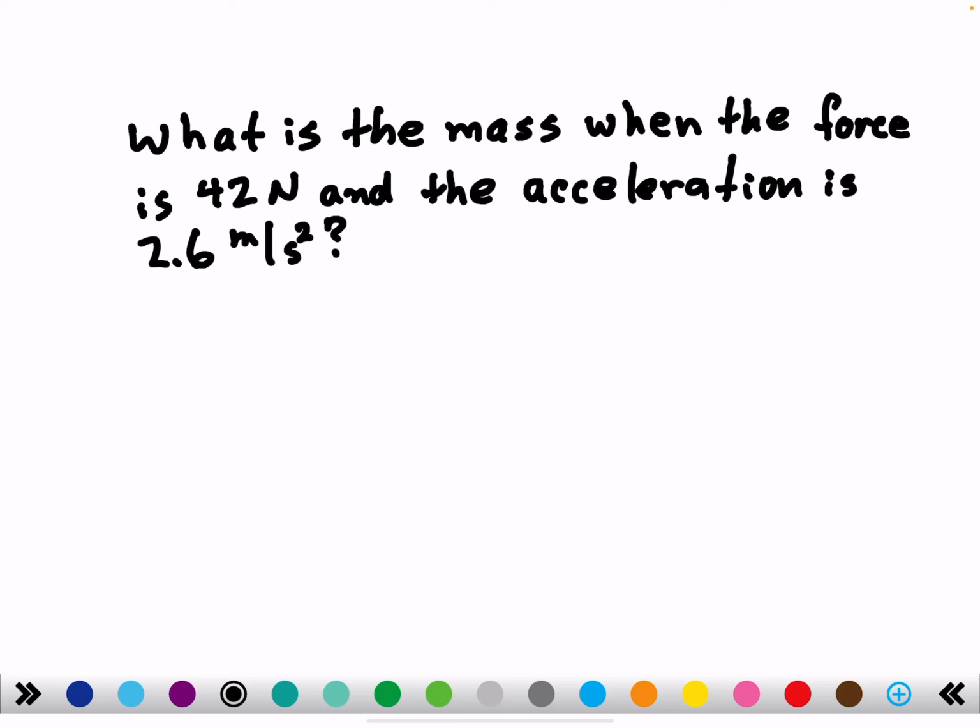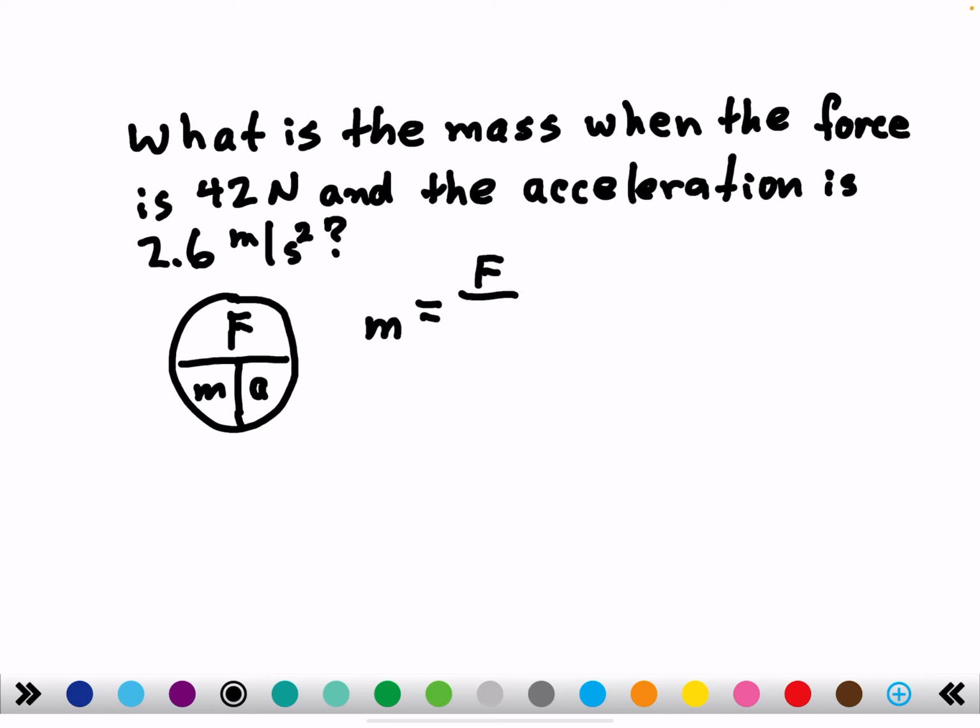What is the mass when the force is 42 newtons and the acceleration is 2.6 meters per square second? So we go to the formula circle, F, M, and A. Now we're looking for mass, so I cover up M. I notice that mass is force divided by acceleration.